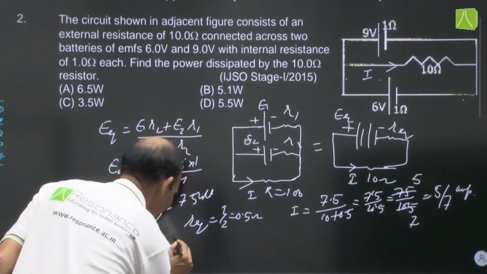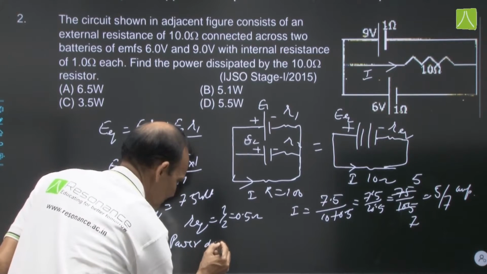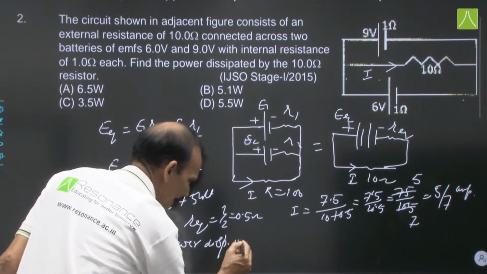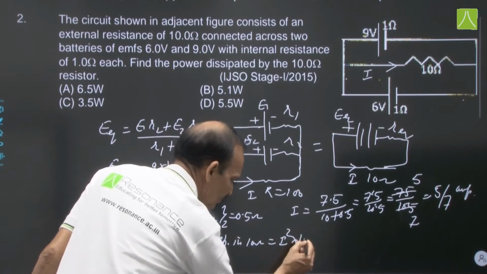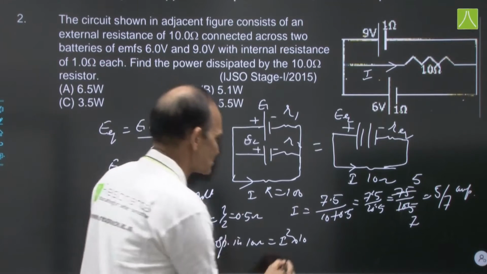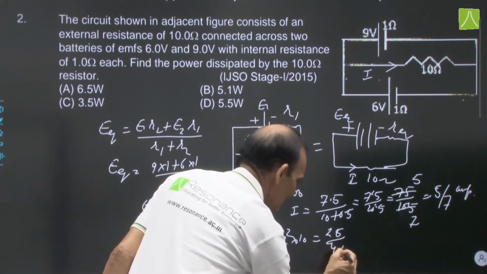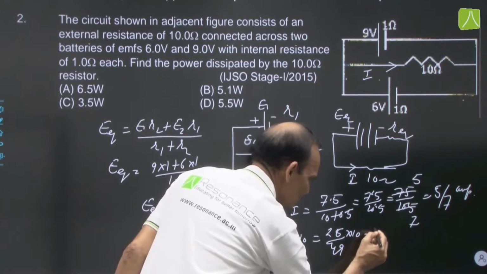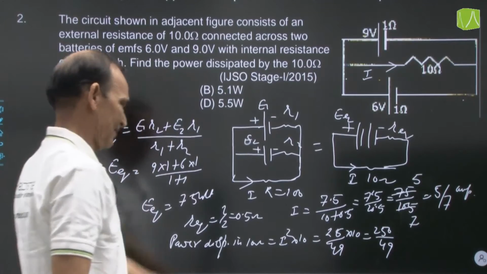Now the power dissipated in 10 ohm is equal to I square into 10. I square means 25 by 49 into 10, that is 250 by 49. We can calculate it.